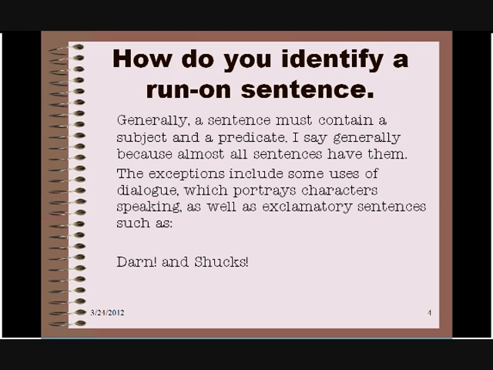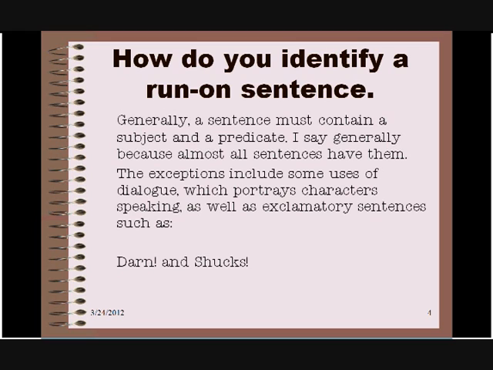So a sentence will contain a subject and a predicate. Almost all of them do. The exceptions are in dialogue. When you're writing dialogue, sometimes you won't use complete sentences because people don't necessarily speak in complete sentences, even though we're expected to generally write in them.